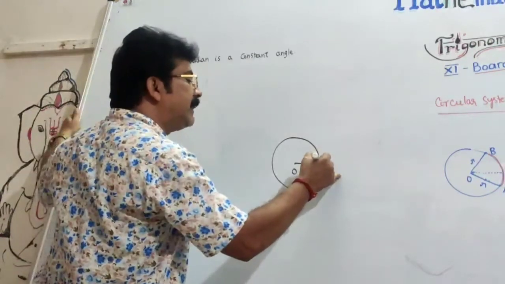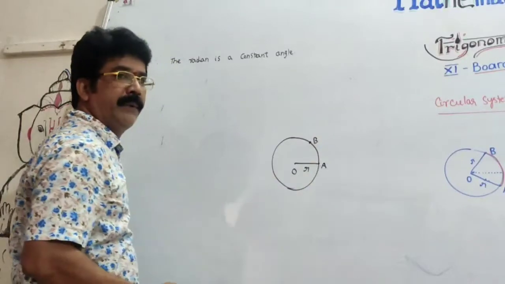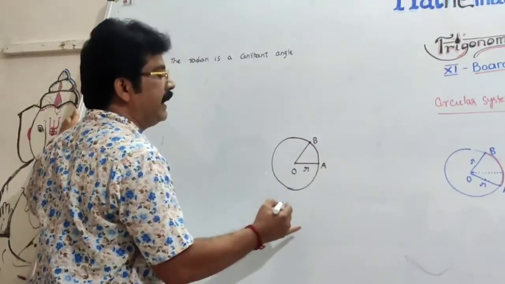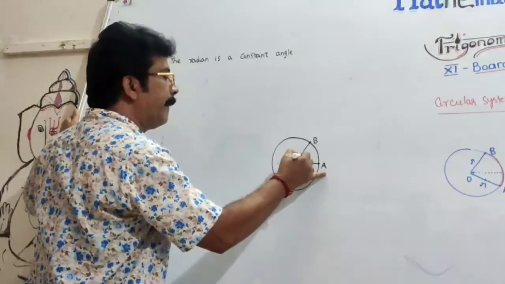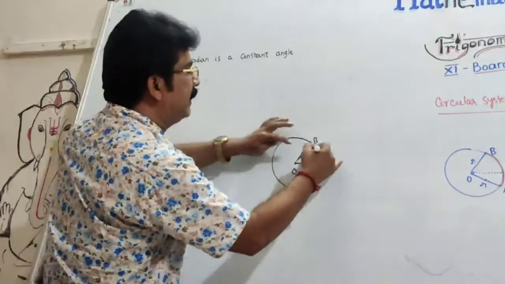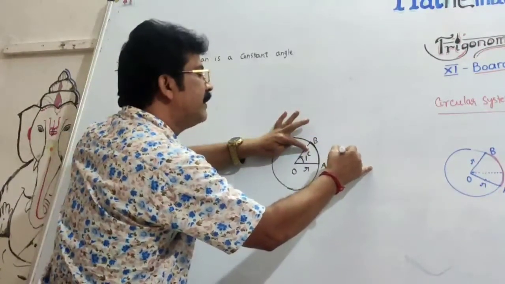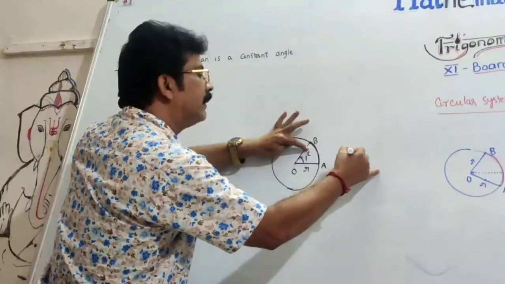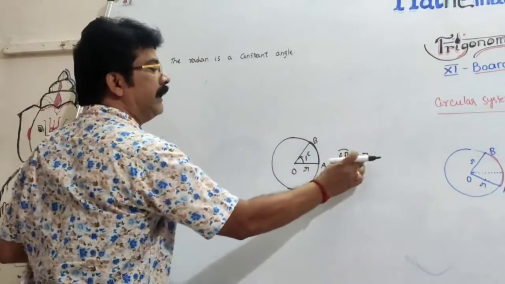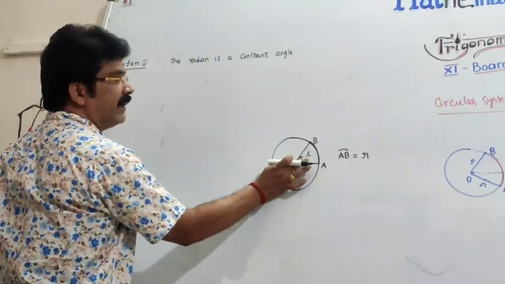Next, let capital A, capital B be the 2 points so that angle AOB is 1 radian. This means the length of the arc AB is equal to R. Then only it is possible to say 1 radian.